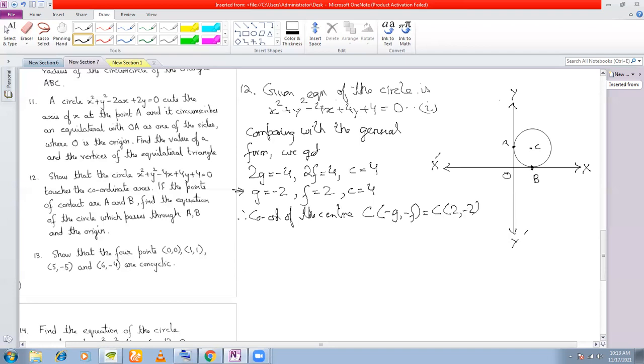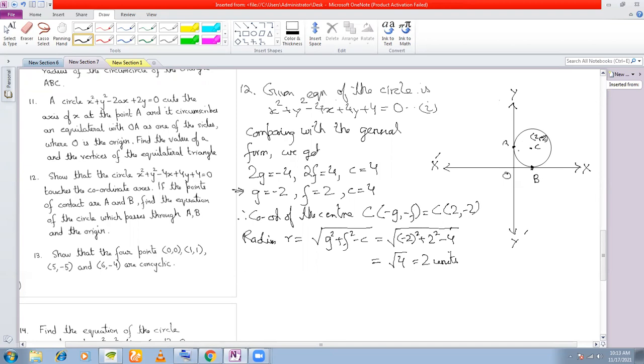Okay, so this is the coordinates of the center, and radius r is equal to root over of g square plus f square minus c, which is equal to 2 units. So let's write the coordinates of the center here, 2, minus 2.